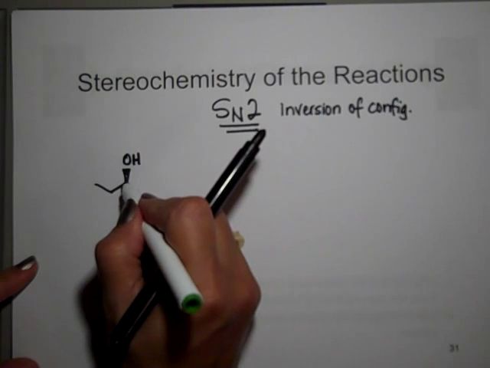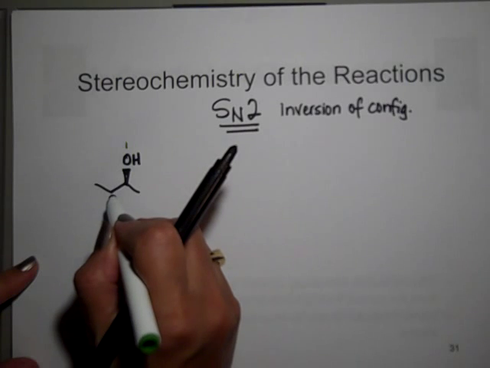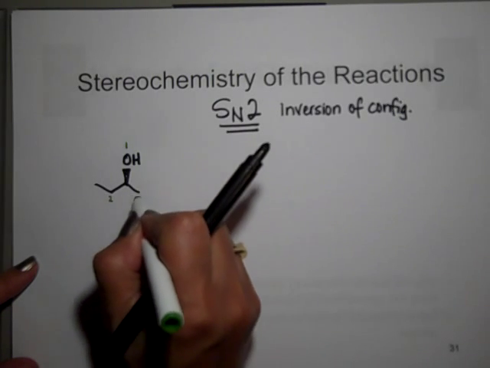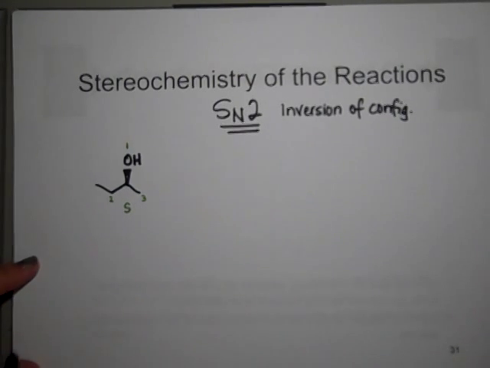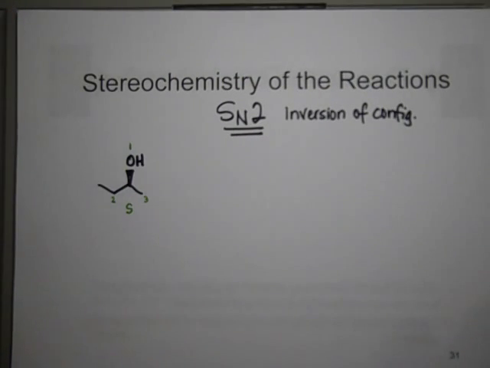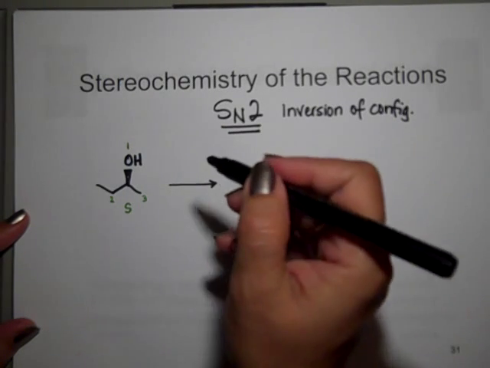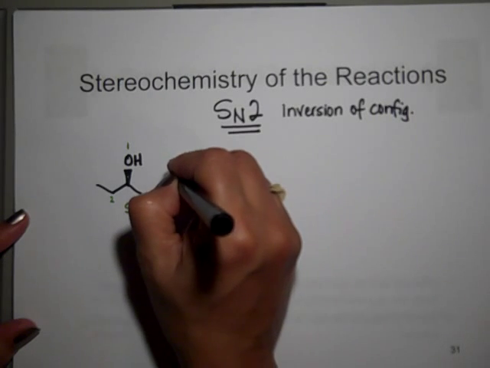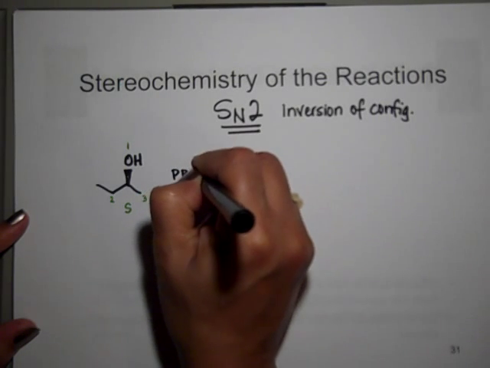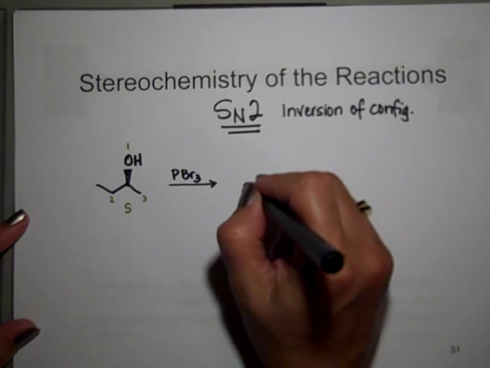Let's do it. Okay, so this is my chiral center. Oxygen is 1. Carbon is more important than just 1 carbon. So this one is S. When I do the reaction with either PBr3 or thionyl chloride, both of them will do an SN2. But it's that inversion of configuration that we're going to have.